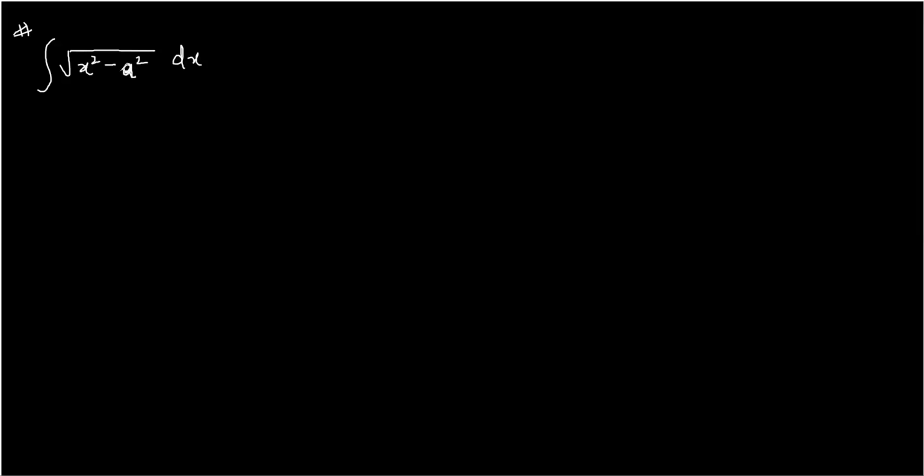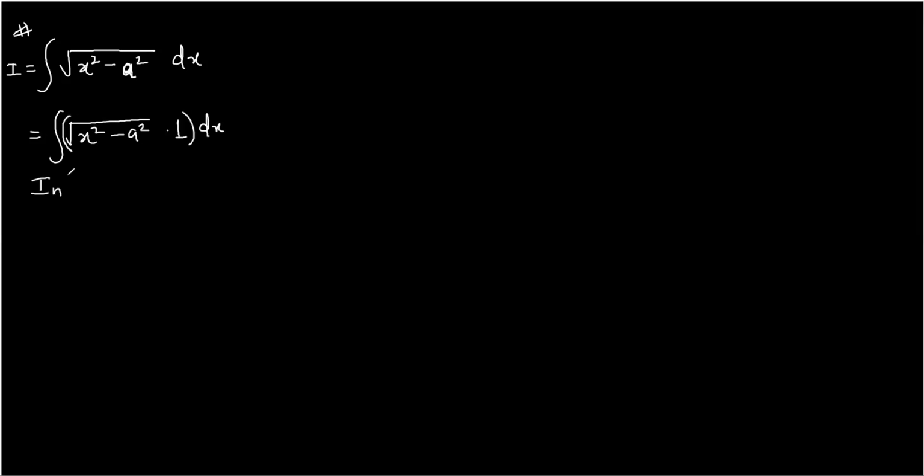What I suggest is that you pause the video and solve this on your own. You know the technique. You will start by writing this as I, and then write the next step as square root of x square minus a square into 1 dx, and then you will apply integration by parts.